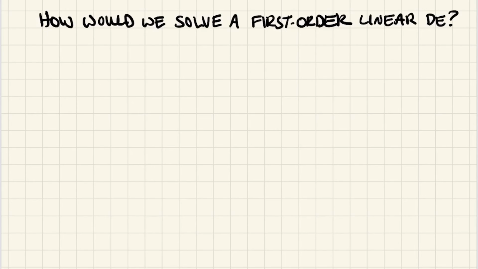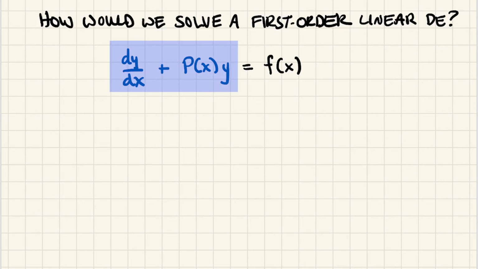Okay, so what exactly is the method for solving a first-order linear differential equation? Well, let's look at one in standard form. And the method we're going to use involves noting that the left-hand side of this differential equation is almost, but not quite yet, in the form of the product rule having been applied to the derivative of some particular expression, right?